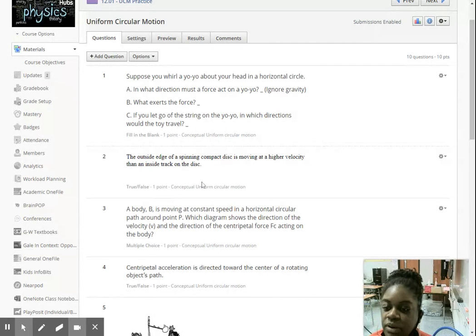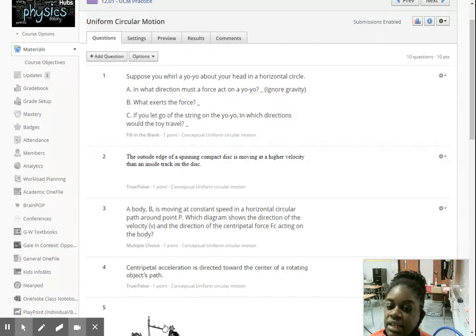Whoever is on the innermost edge of the circle is closer to the center. So if anything, their speed is going to increase because they don't have much of a radius to cover.